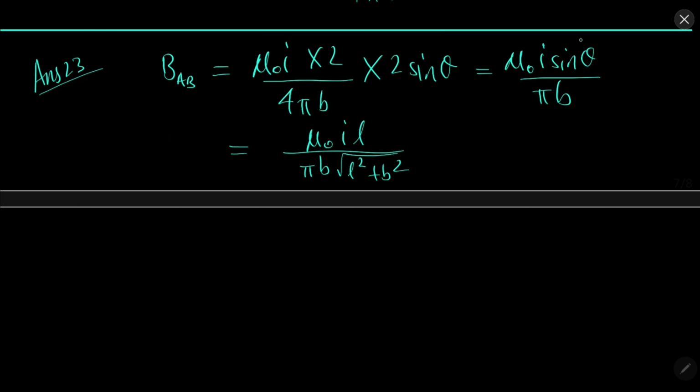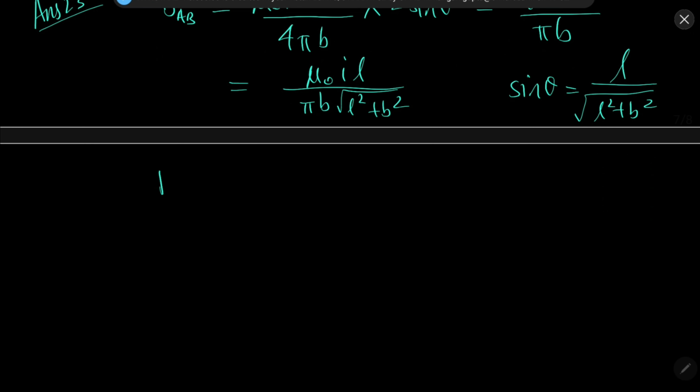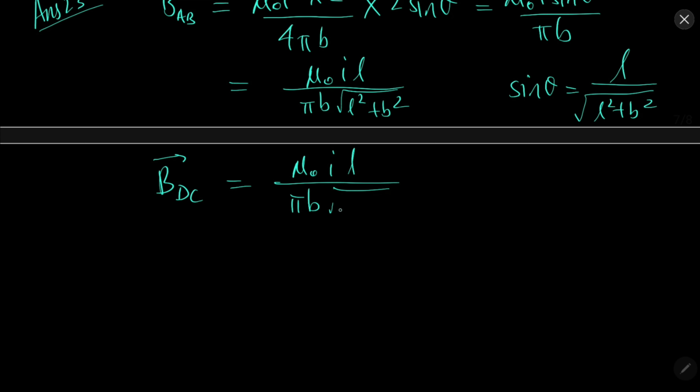Actually this will get converted into this. Sin theta will be L over root L square plus b square, and the same value will be obtained in the DC part, mu naught I L over pi b root L square plus b square.